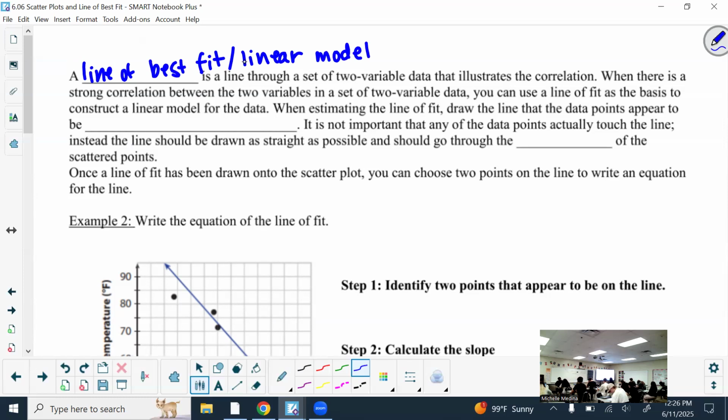It's a line that's drawn through a set of 2 variable data that illustrates the correlation. So just like you saw a line drawn on those first 4 scatter plots, that is a line of best fit.